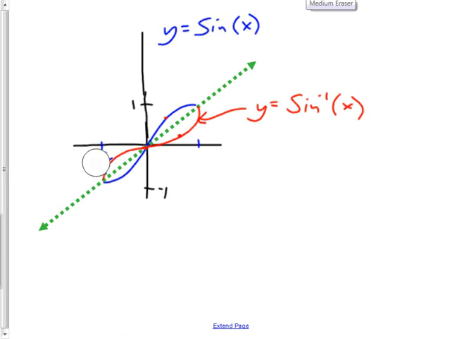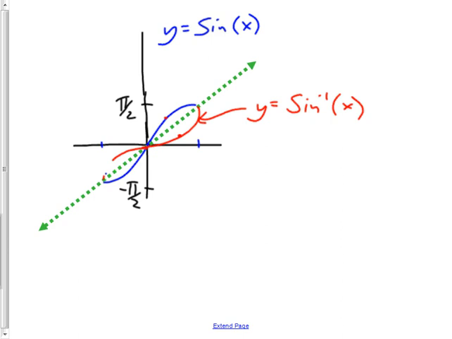Pi over 2 and the negative pi over 2, they're not there anymore. They're here now. Why? Because y's become x's and x's become y's. What used to be on the y-axis now is on the x. What used to be on the x-axis now is on the y.